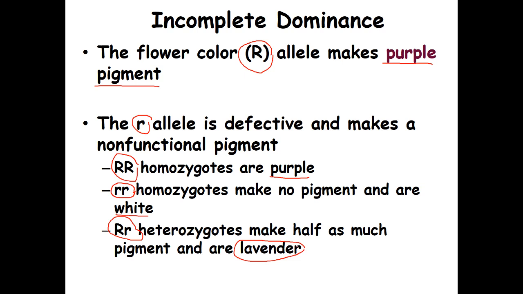If you mix purple and white paint together, you get a light purple, right? So that explains why you can have so many different flower colors, because the heterozygous always show the in-between phenotype. That's what incomplete dominance means. The dominant allele is not completely dominating over the recessive allele, so you can see the recessive allele still shows a little bit, right?